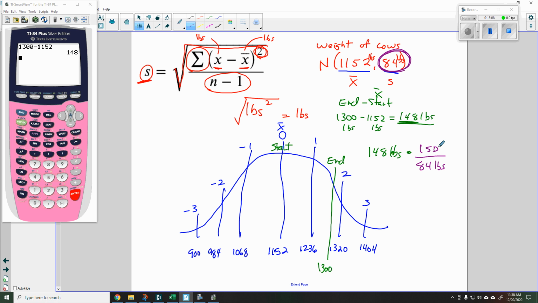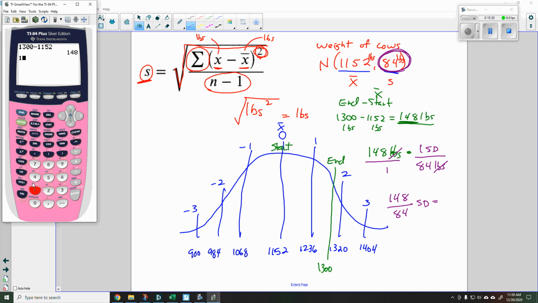So one standard deviation over 84 pounds, that's fine. Remember, this is like 148 over 1. I'm crossing out the units, and I have 148 over 84 standard deviations.